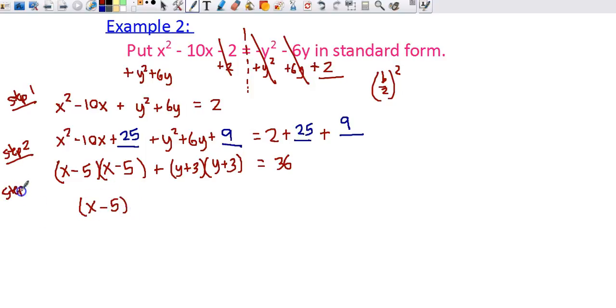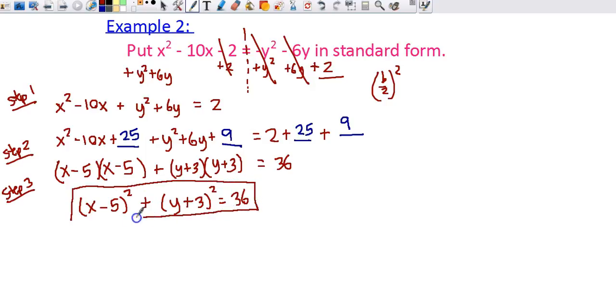Step 3 is to factor. So x minus 5 squared, y plus 3 squared equals 36. And there is your standard form. The center is going to be positive 5, negative 3.